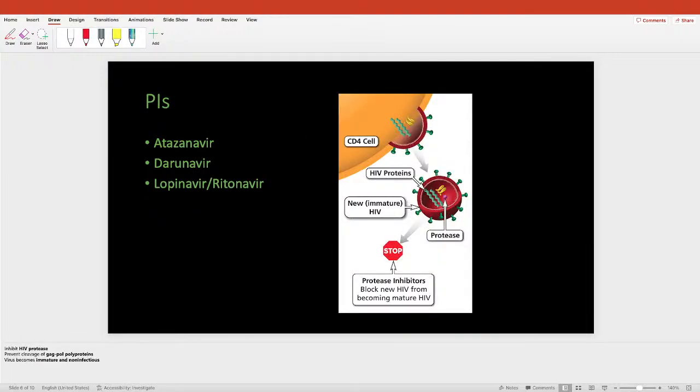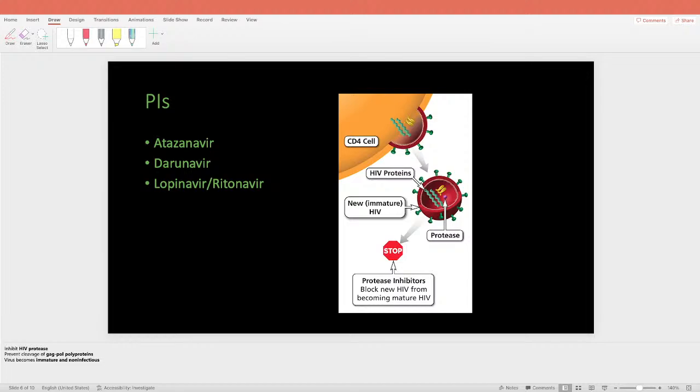So you can see here, the protease inhibitors are stopping this HIV from becoming more mature. Protease is another enzyme for making the proteins to do its work inside the viral cell.